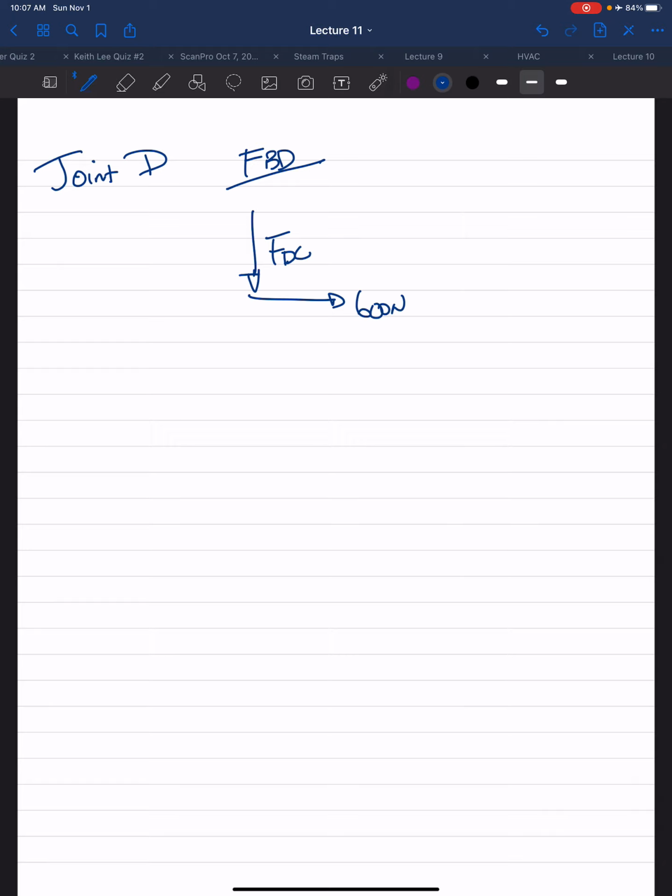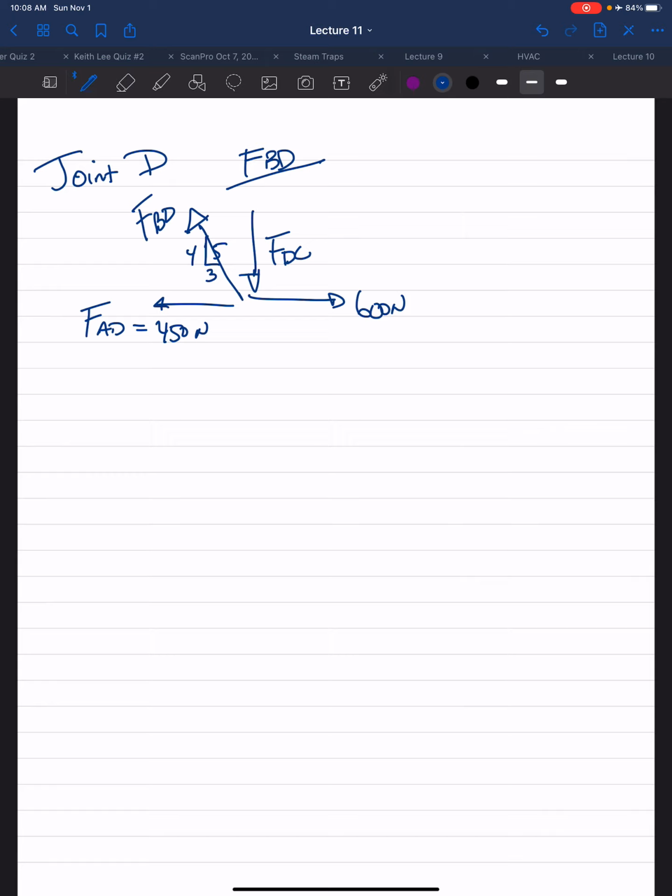And we have the force in member FDB or FBD. And we have FAD, which we calculated in the previous joint to be 450 newtons. So we have two knowns and two unknowns. We can solve it. And once again, we know this angle here, due to the dimensions, is a 3, 4, 5 triangle. That's the slope triangle.